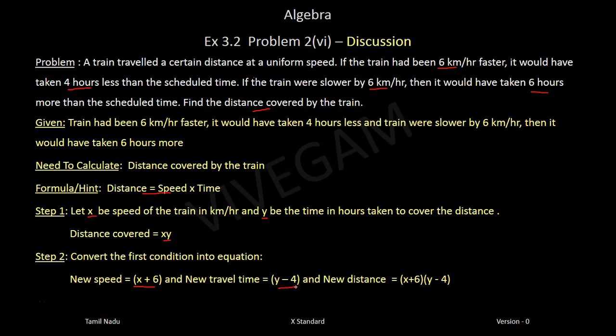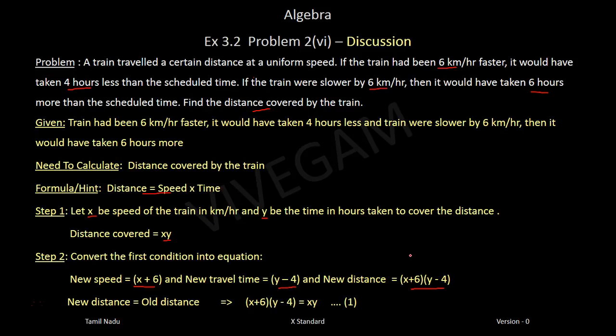Right? Now these two are fixed. Now what is the new distance? New distance is always speed into time. So speed is x plus 6 and the time is y minus 4. So it is x plus 6 into y minus 4 is the new distance. But does the distance change? No, it is the same distance. All they have done is increase the speed and the time taken will be decreased.